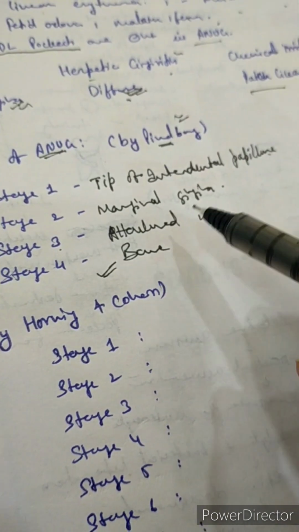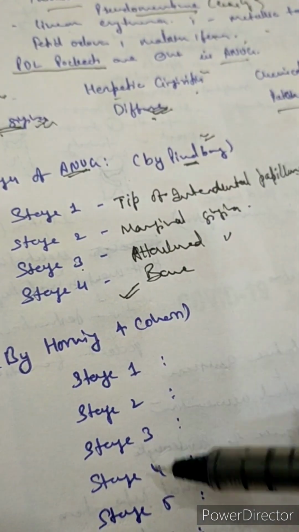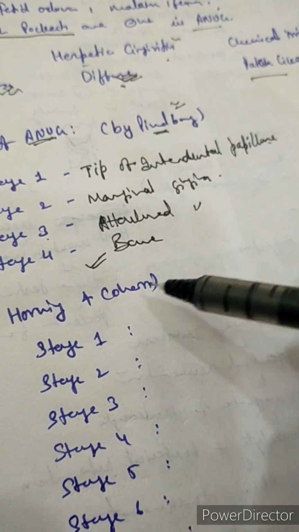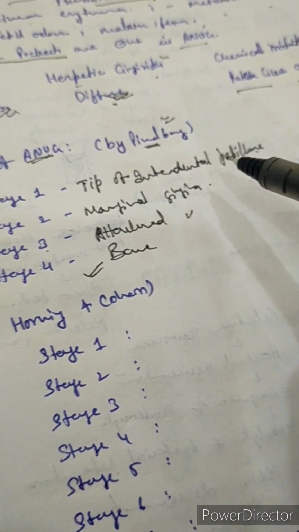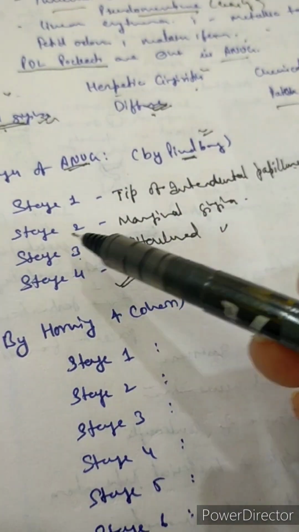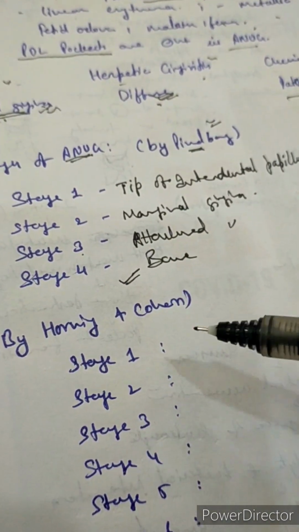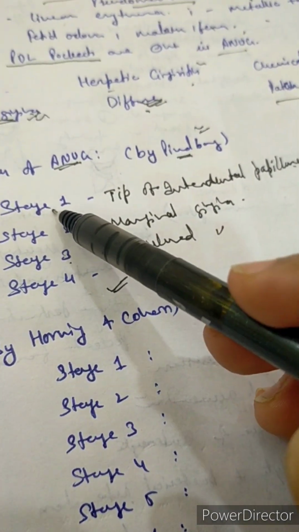Now what Horning and Cohen did, they just simplified this, so you're not going to memorize each and everything. I'll give you a simpler way to memorize it. You have to remember Pindborg's, and Cohen's you will make from it. Let me tell you how.